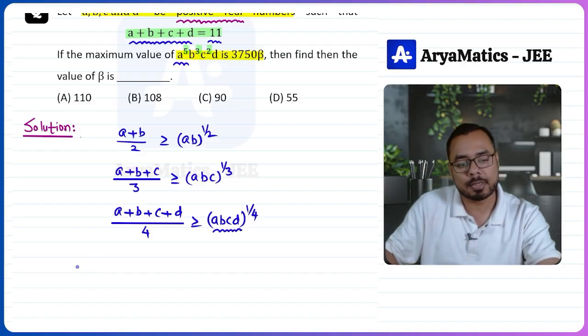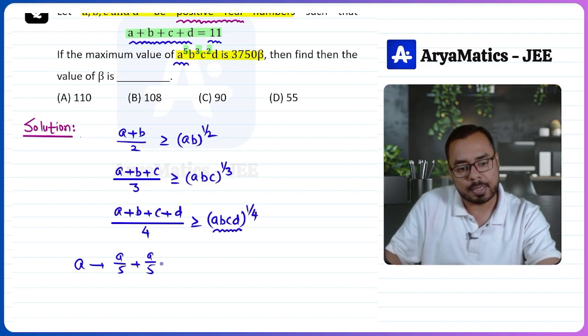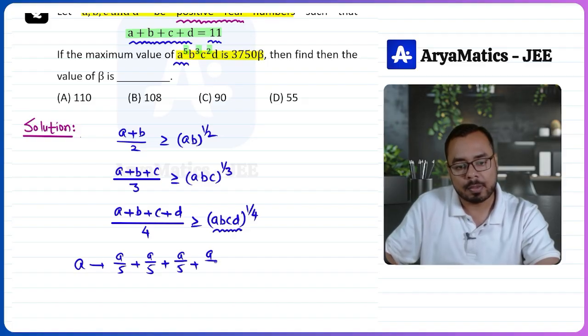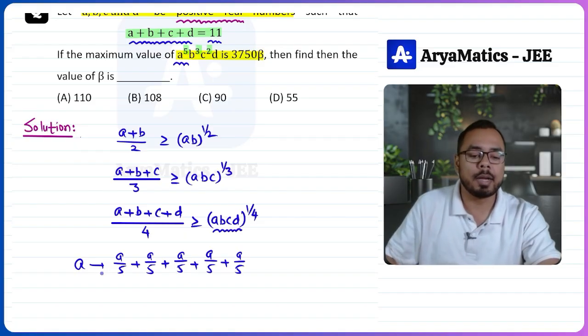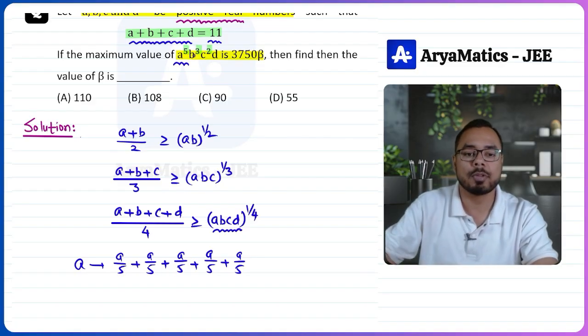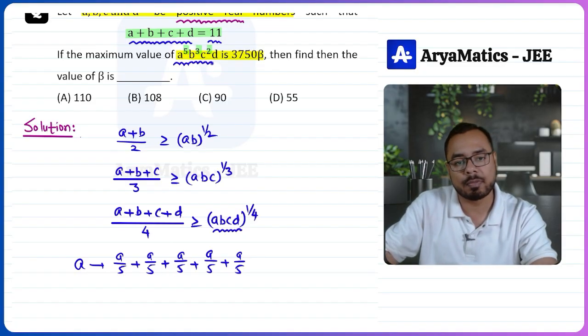If I have to create A raised to 5, this A we can write as A by 5 plus A by 5 plus another A by 5 plus A by 5 plus A by 5. And now we'll take A by 5 five times so that we can get this product A raised to 5.